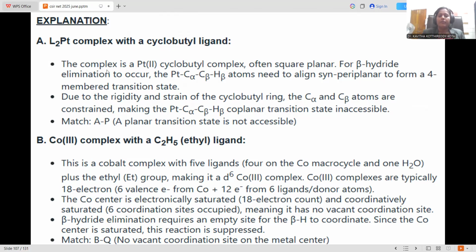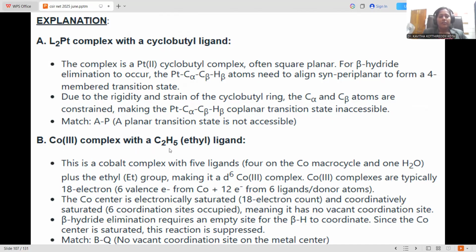If the requirement is not satisfied, obviously there is no provision for beta hydride elimination, so the planar transition state is not accessible. It is the right answer for the absence of beta hydride elimination for this platinum complex.